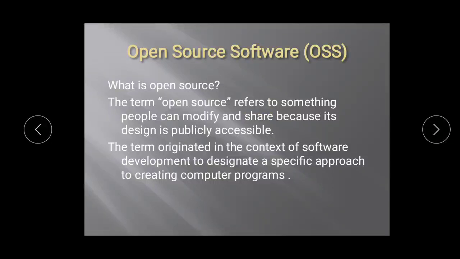So what is open source? When we talk about open source software, the first question that comes to mind is: what is open source? The term open source refers to something people can modify and share because its design is publicly accessible. If you go on Google Chrome and check a website, there is a symbol up there which shows whether it's public. If it is a circular symbol, it is defined as public.